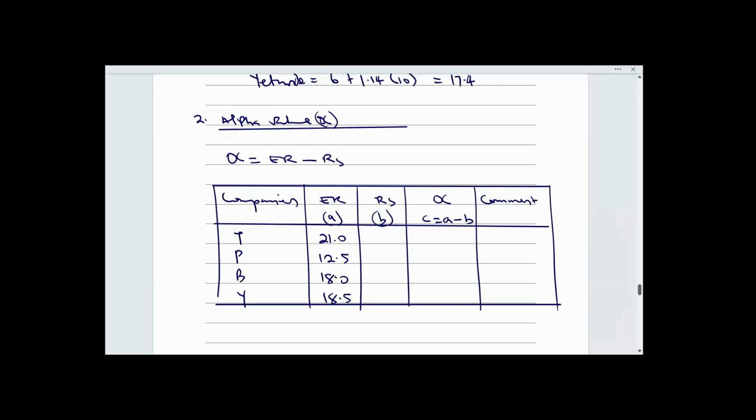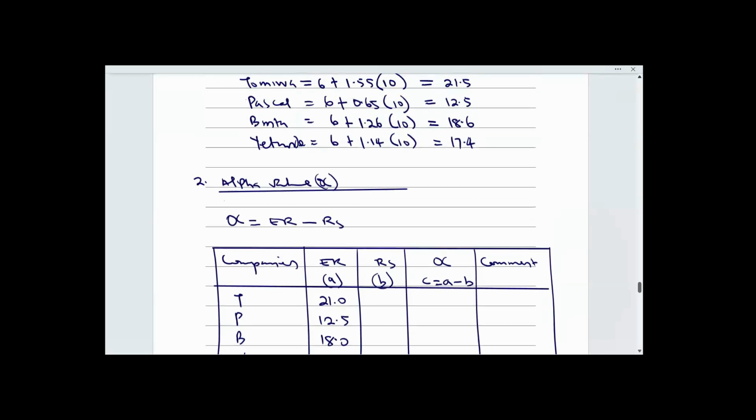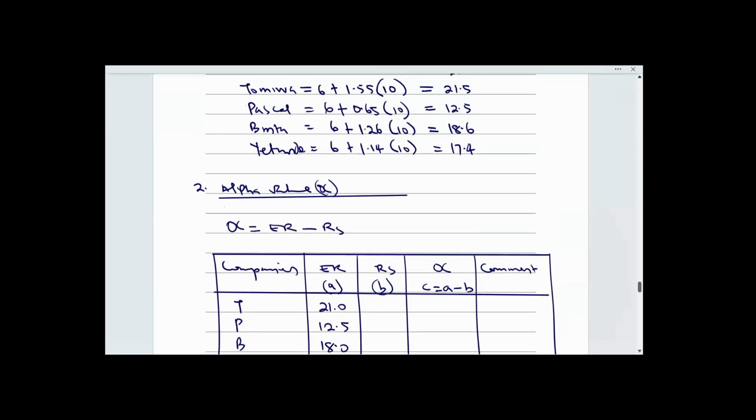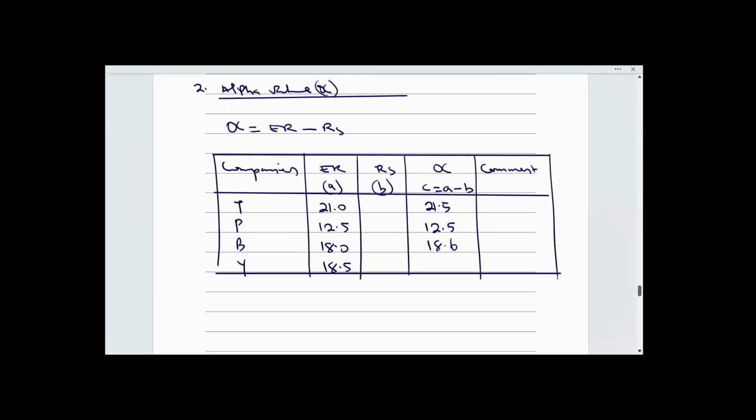Then for the required return that we have computed, the first one is 21.5, followed by 12.5, then 18.6, and the last one, 17.4.